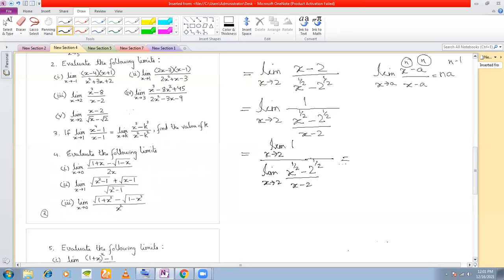Limit x tends to 2, 1 is simply 1 divided by, and in the denominator I have the standard limit, n a to the power of n minus 1, where n is half and a is 2. So I have 1 by half into 2 to the power of minus half, which is 1 by 2 into 2 to the power of half, which is equal to 1 by 2 root 2. And that is your answer.